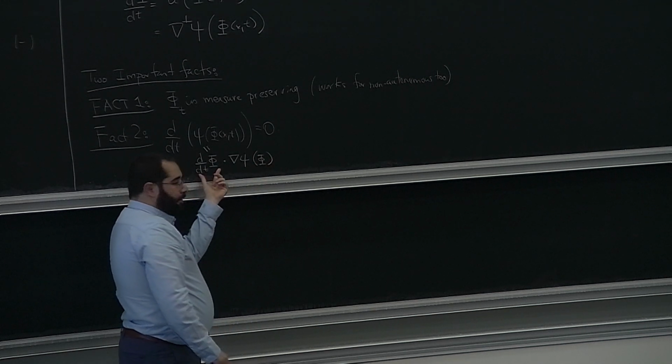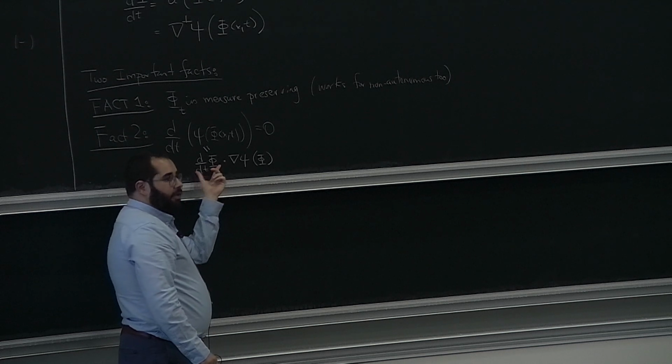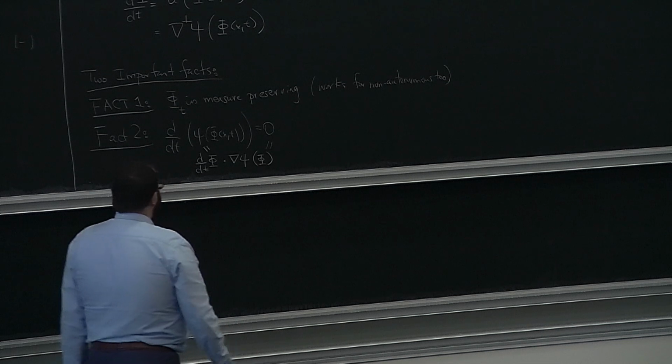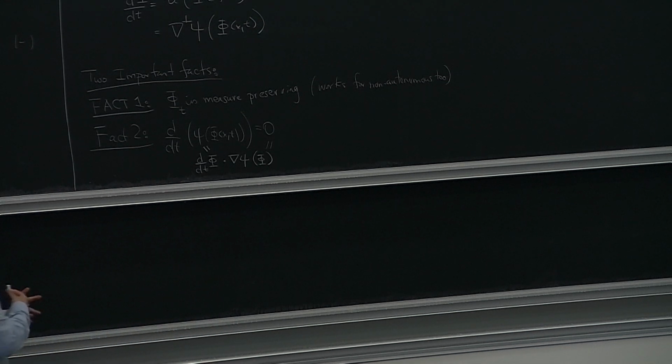But d/dt of phi is the perpendicular gradient of C at phi, right? So that's 0. Okay.